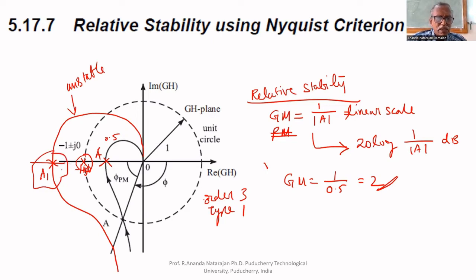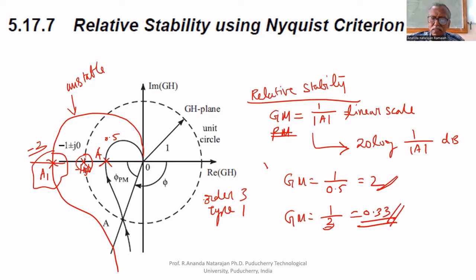The gain margin will be less than 1 because A is greater than 1. Let us assume that it intersects at minus 3. Therefore, gain margin equal to 1 by modulus of A, that is 1 by 3, that is 0.33. It means if you reduce the gain by 0.33, the system will be on the verge of instability.